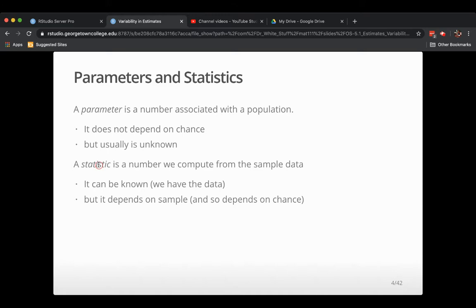A statistic is a number that we compute from the sample data that we've drawn from a population. It can be known because we have the data, so we can use the data to compute it. But it depends on the sample, and so it depends on chance, unlike a parameter, which does not depend on chance.